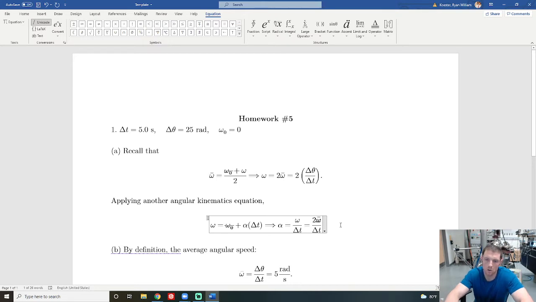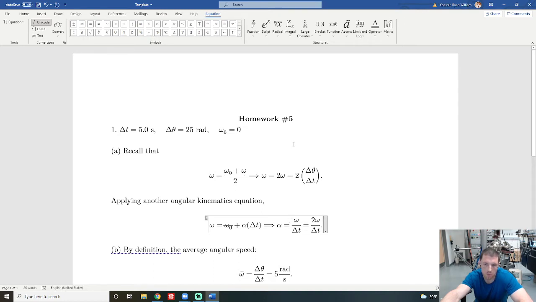So there we go, and let's see here. Well, you could get an answer with this, right? Because we already know that omega bar is 5 radians per second. And so that, I think, is all good.